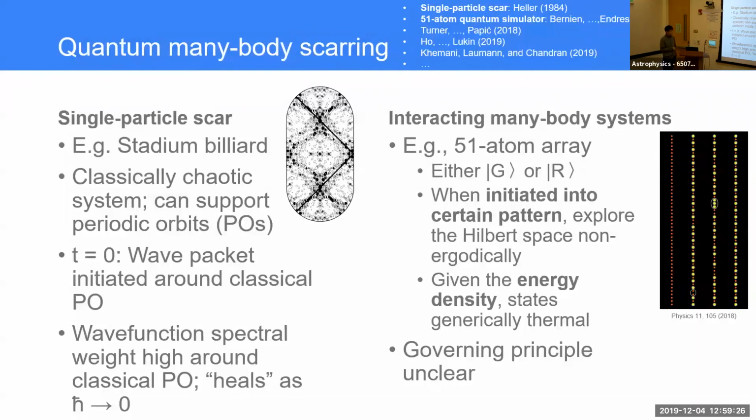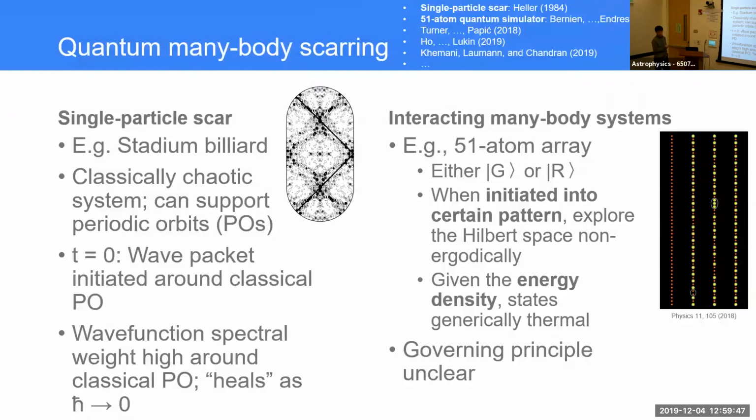However, this scar will heal if you take the limit as h bar goes to 0. One way to see this is that if you have a classical billiard table and you shoot a ball out in this exact direction, then you will actually get chaotic behavior because this periodic orbit is unstable. So now we understand what a single particle scar is.